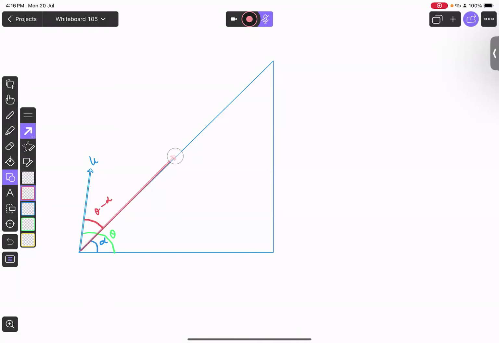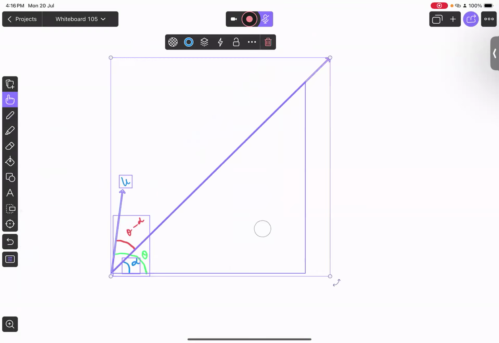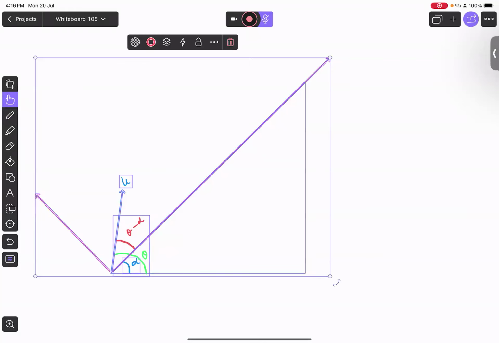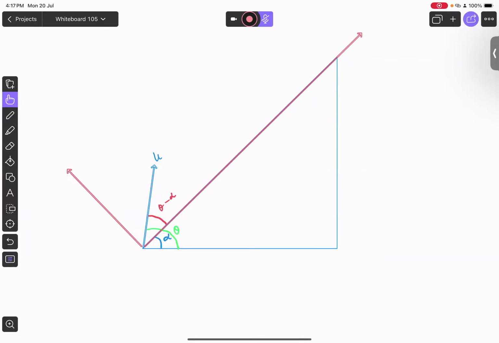Now I will take this way as our x direction, and this way as our y direction. This projectile is going to take some curved path and hit the inclined plane.